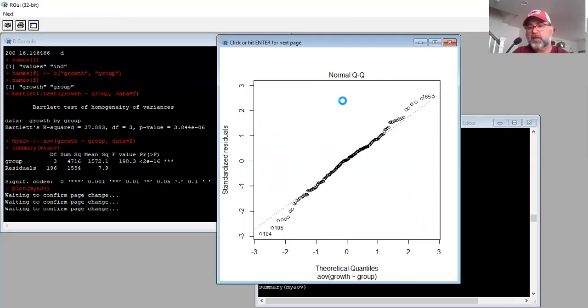Notice that it's waiting for something. If you click again, it forwards you to the next plot. So here's a QQ plot. And what this is looking at is to see if your residuals are normal, that's one of the assumptions of ANOVA, that the residuals about any group mean are normal. For group A, if this is your mean, your observations are normally distributed about that mean.